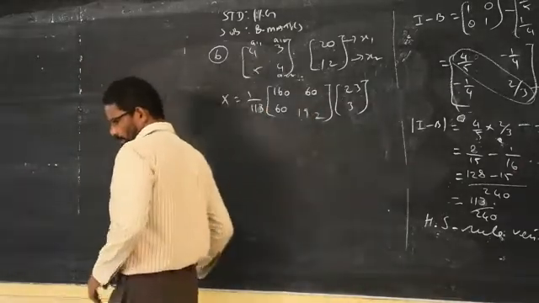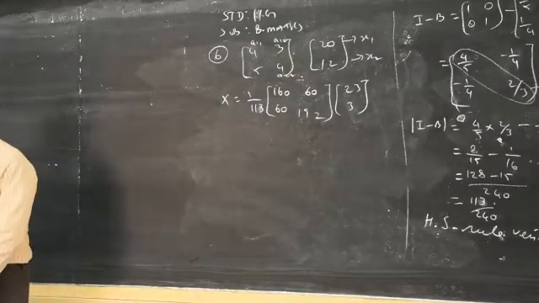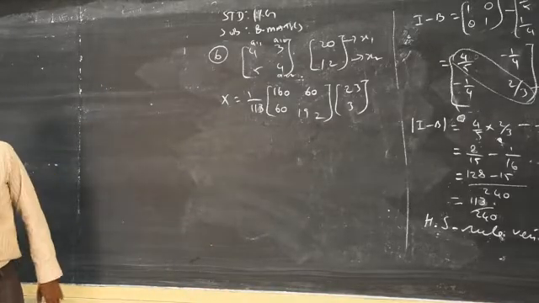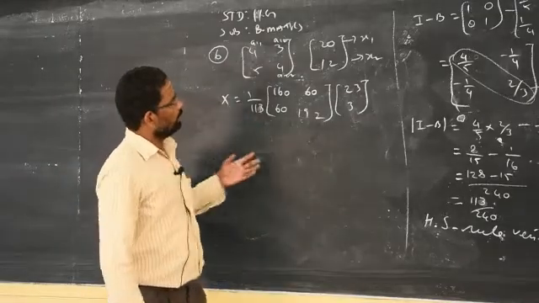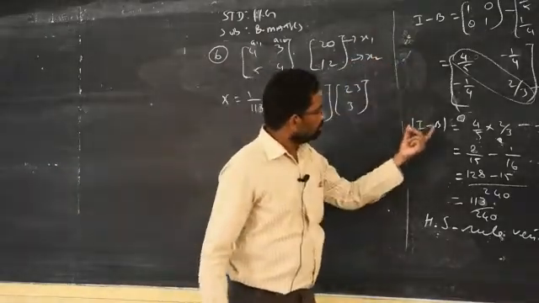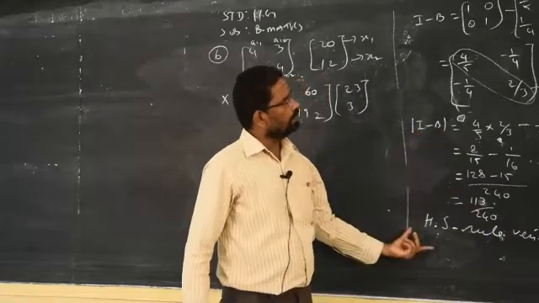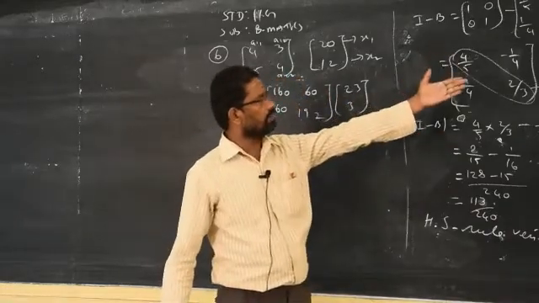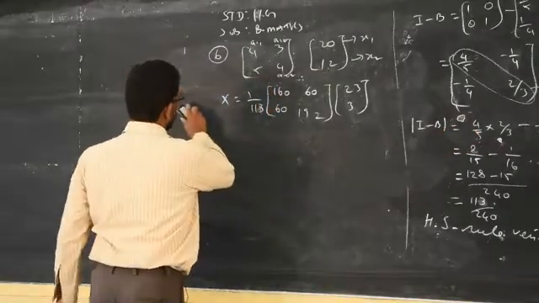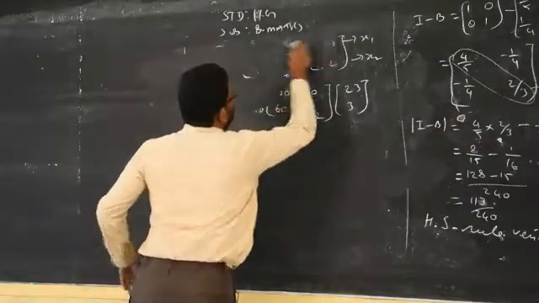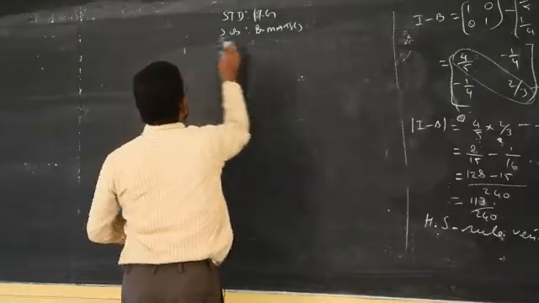Now, in sum number 7, I will give only the technology matrix, then you have to find I minus B, the determinant of I minus B, verify the rules, and find the I minus B inverse matrix and X also, the solution for the given problem.